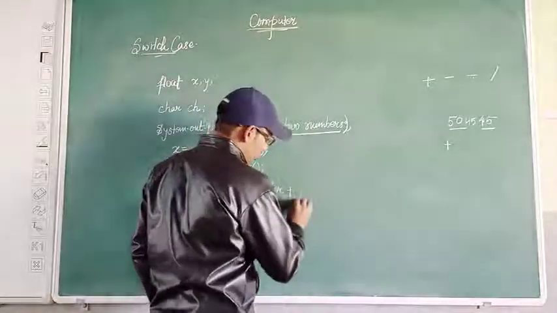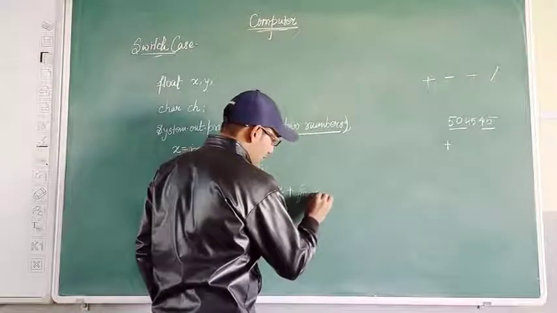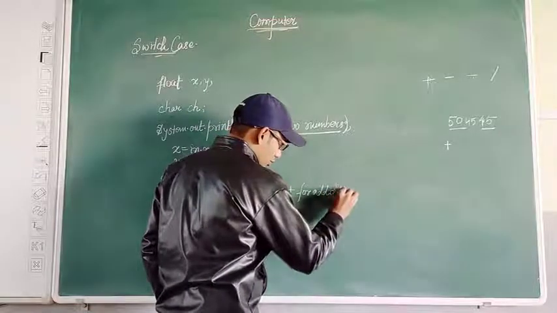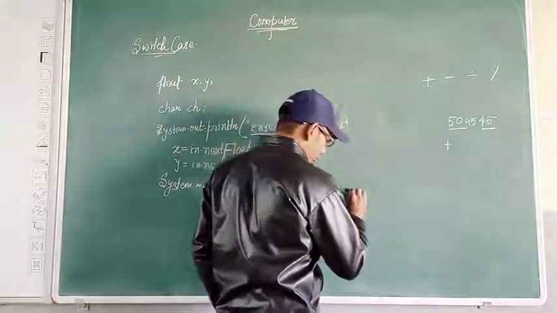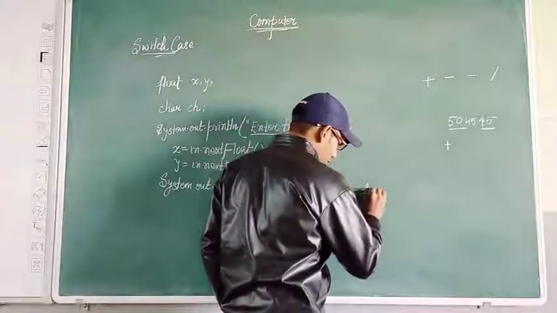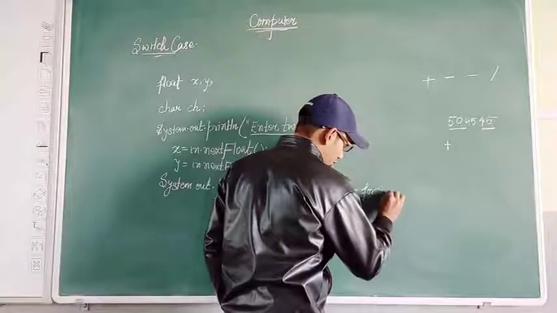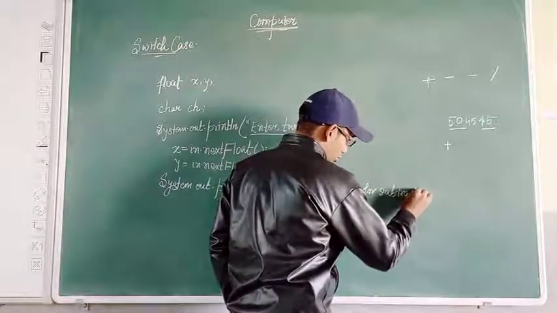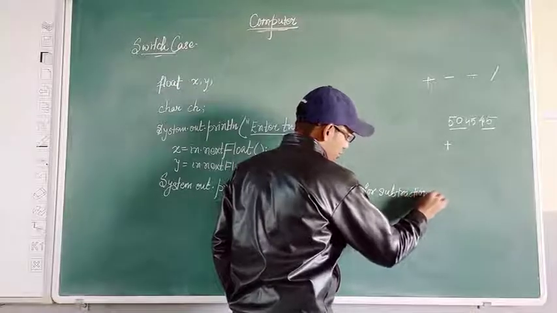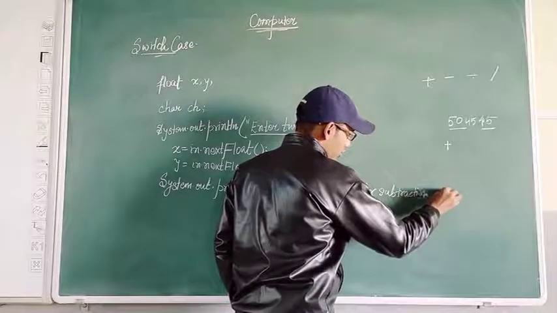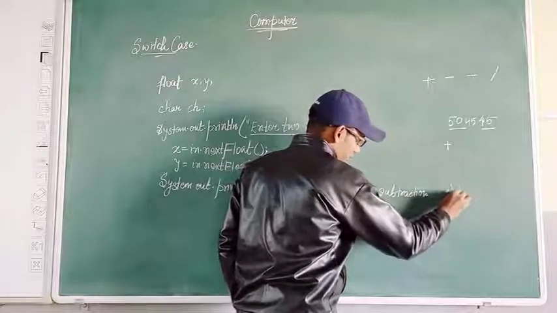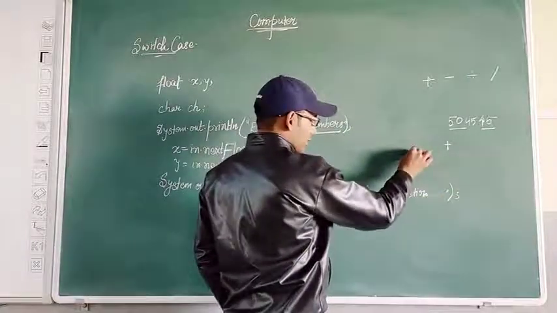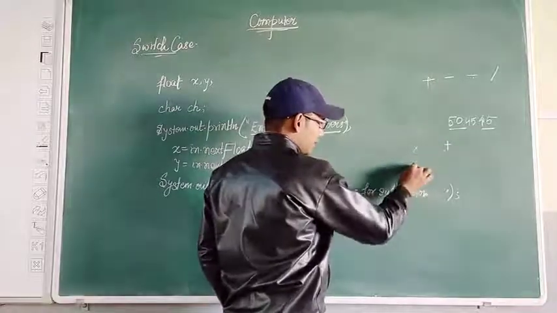Plus for addition, minus for subtraction, and so on. This you are supposed to write. This x symbol is for multiplication and this symbol is for division.